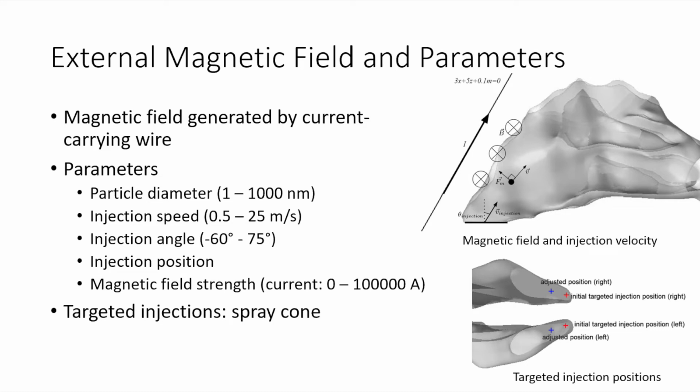Several parameters were also modulated, including the size of the particles, the speed and angle at which particles were injected, the position of the nasal spray nozzle for targeted injections, which are shown in the bottom right figure, and the current through the wire, which relates to the strength of the magnetic field. For targeted injections, a spray cone was simulated, which had a constant spray angle of 30 degrees.